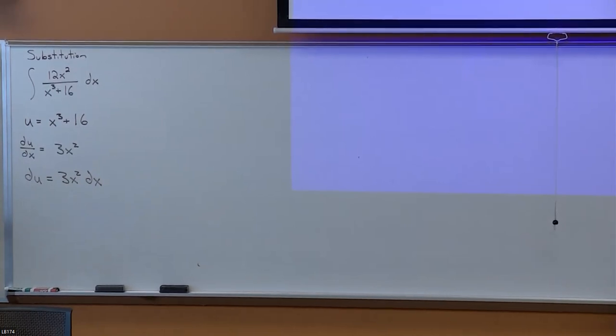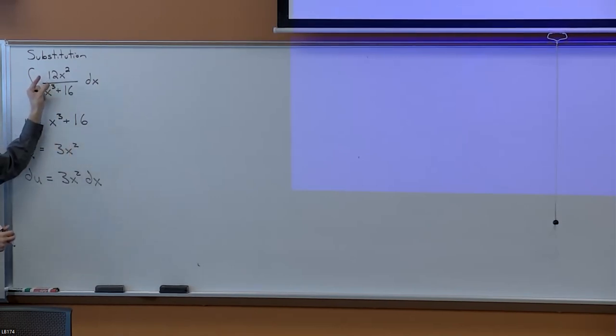Again, it's kind of an art to see what you want to use. I want to use this as it sits here, because knowing the rules of how fractions work, I can factor 12x squared into 4 times 3x squared.